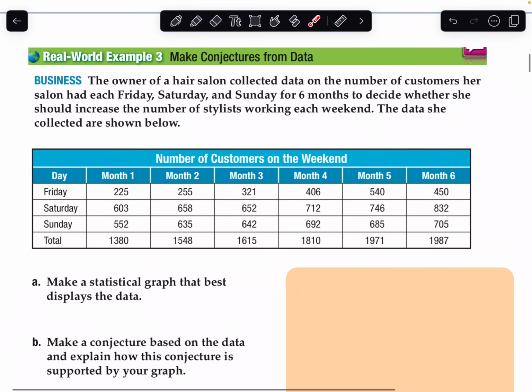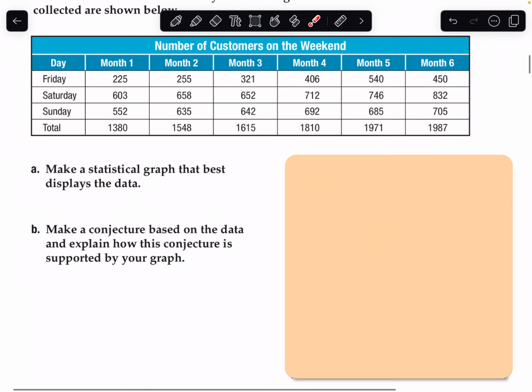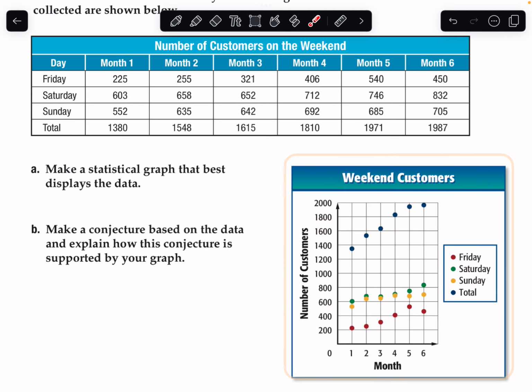Let's see. Month 1, we had 200, 600, 500, 200, 600, 600, 366, 47. Oh, we could look at the total. 1,300, 1,500, 1,600, 1,800. These are all going up. Well, okay, not quite going up, but month 6 is definitely more than month 1. But if we really wanted to see this, the best bet would be in a graph.